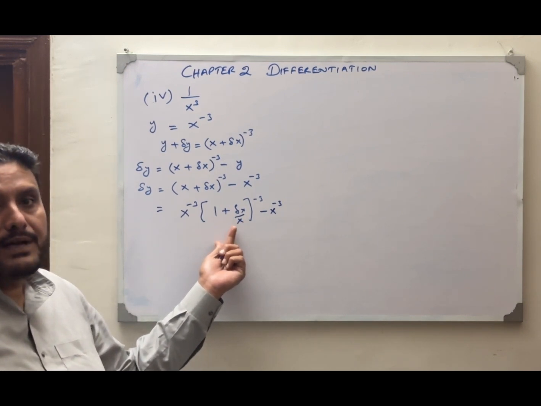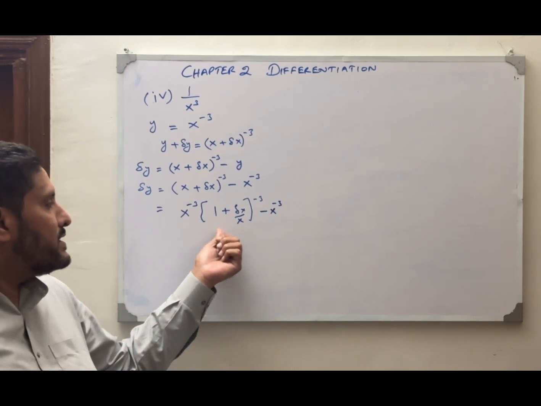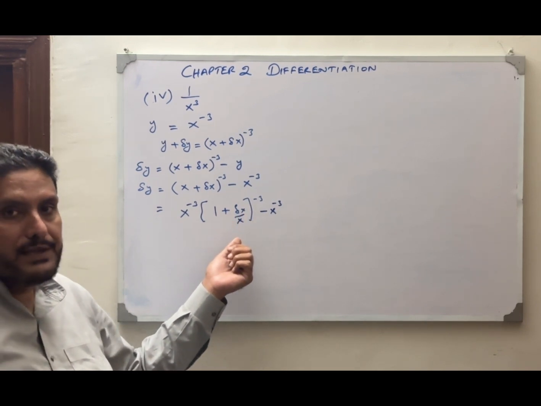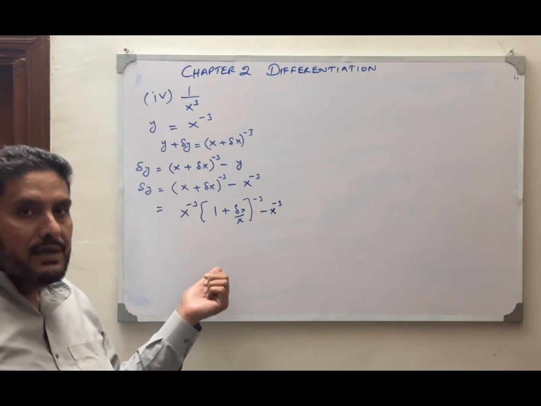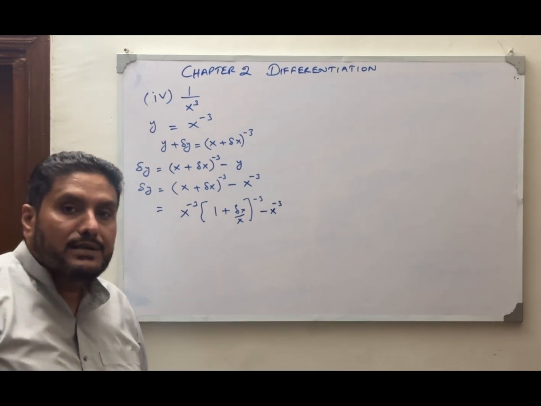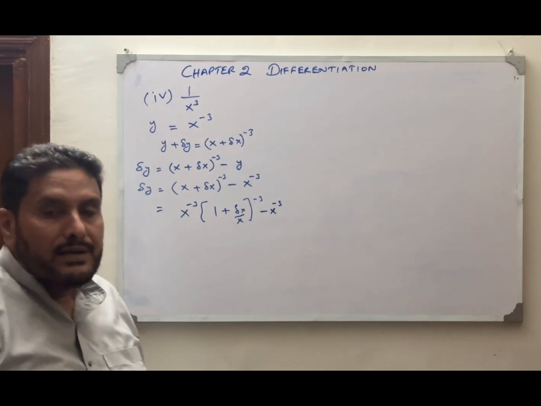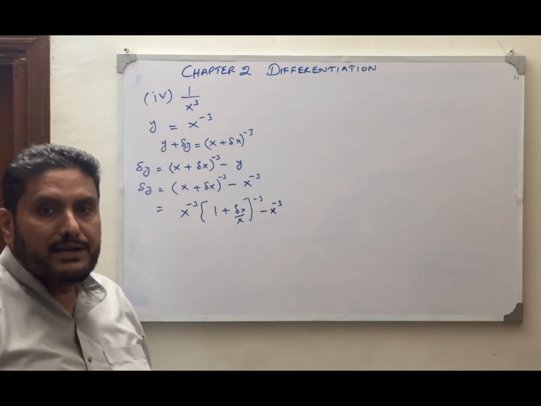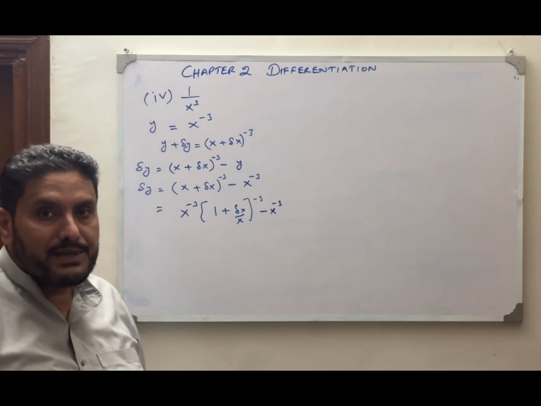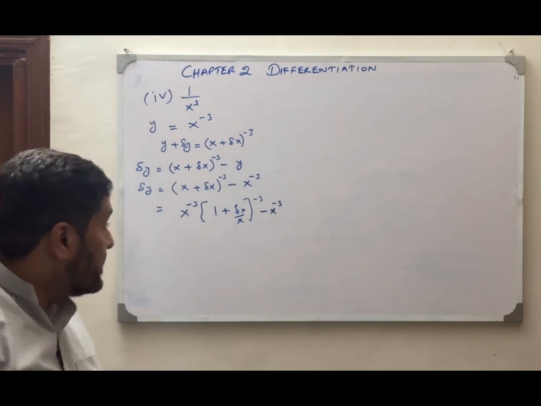We have to apply the binomial expansion on this term, 1 plus x power n, where the value of n is minus 3, that is equivalent to 1 plus nx plus n into n minus 1 by 2 factorial into x square, and so on. We have to take the binomial expansion for this given term.